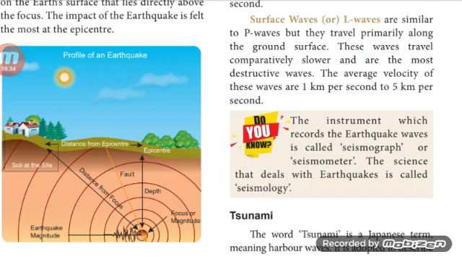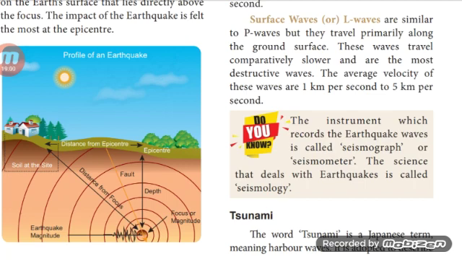They travel slower, but they are considered the most destructive waves. What do you mean by destructive? Destructive is nothing but which causes a lot of damage to the life and property of the people. What about the speed of these surface or L waves? The speed is from 1 km to 5 km per second.